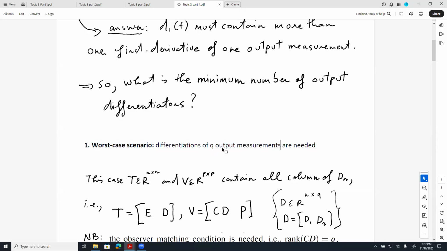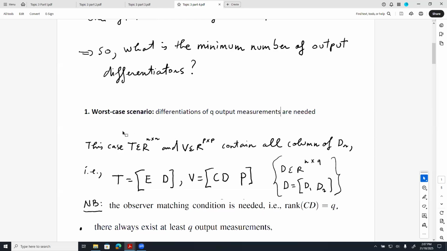Now, this situation is where the matrix T, the state transformation matrix, has to contain the entire matrix D in there. Okay.